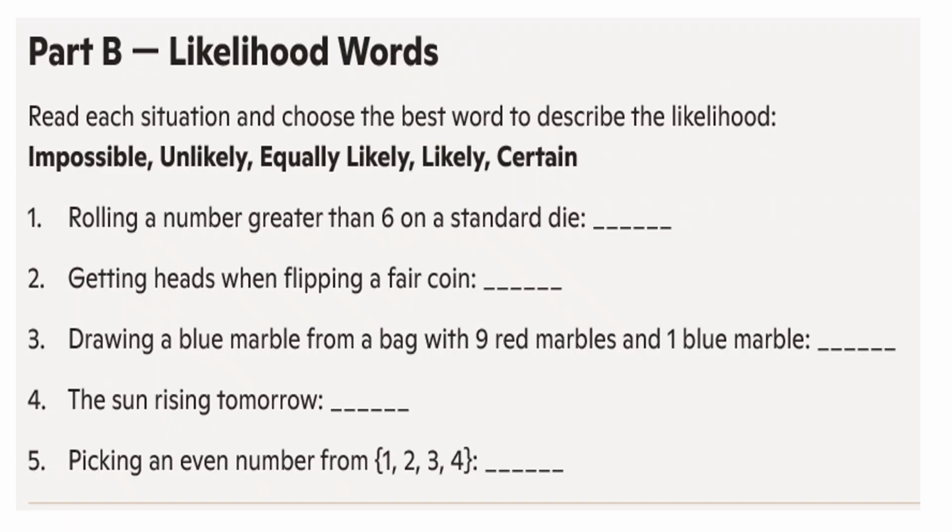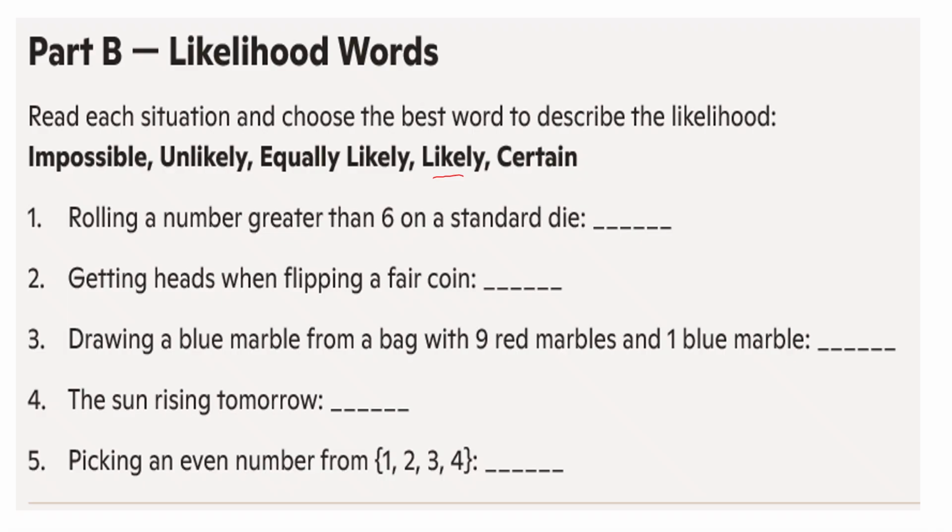All right. So read each situation and choose the best word to describe the likelihood. Rolling a number greater than 6 on a standard die. It's unlikely, no? Because 6 is the last number. Getting heads when flipping a pair of coins, certain or likely. It's likely.